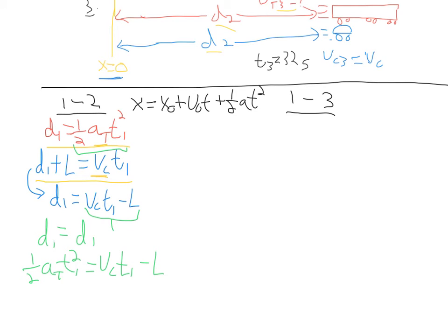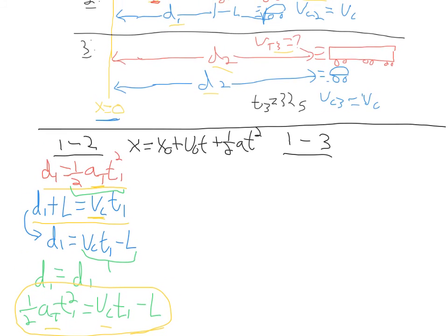Okay, I'm going to circle this just so we can see. Now we have one single equation that has t1, which we know, L, which we know, the velocity of the car, and the acceleration of the train, the two things we're trying to determine. That's great, but it's one equation with two unknowns. Algebra 101, you can't solve that just yet.